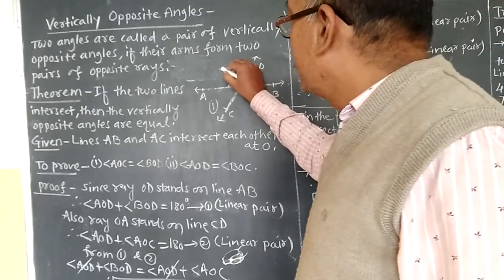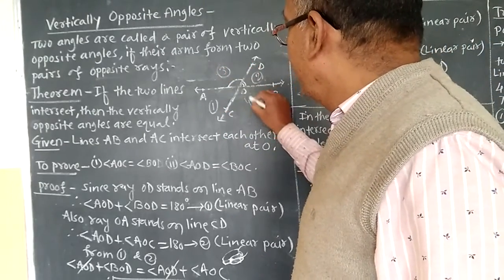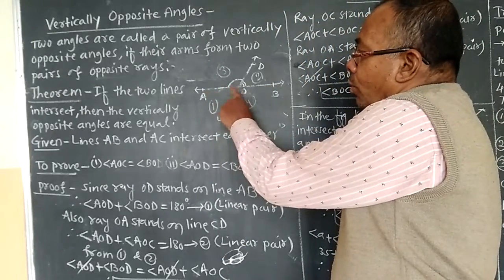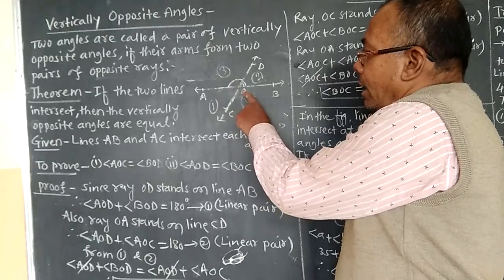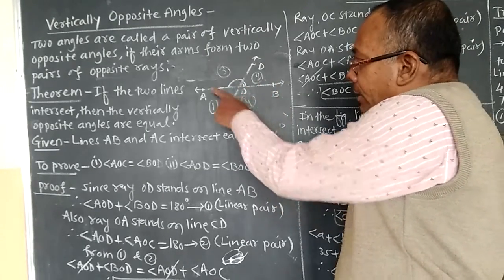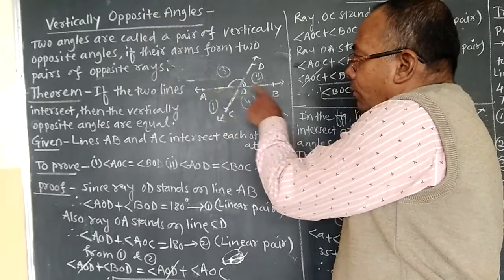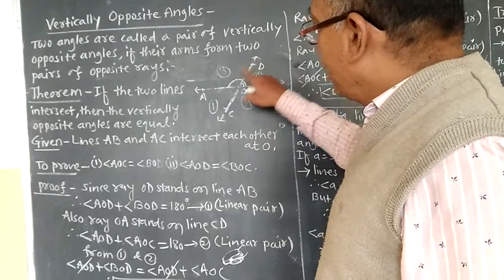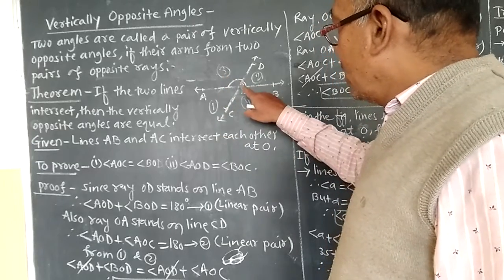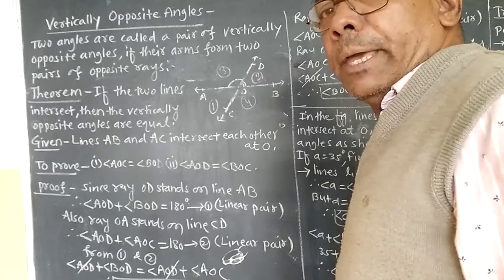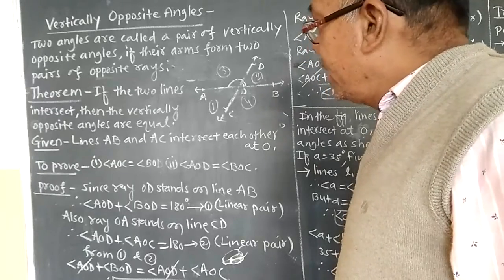Similarly, if we consider angle 3 and angle 4, here it is seen that arm OA of angle 3 and arm OB of angle 4 form one pair of opposite rays. Similarly, arm OD of angle 3 and arm OC of angle 4 also form a pair of opposite rays.